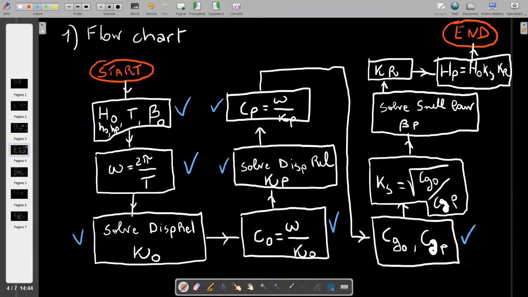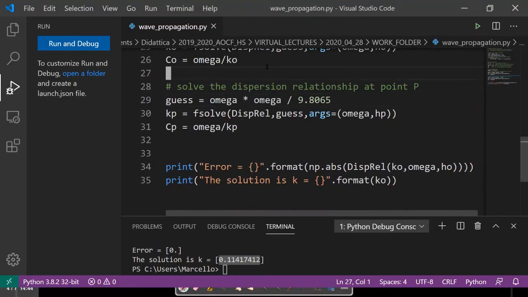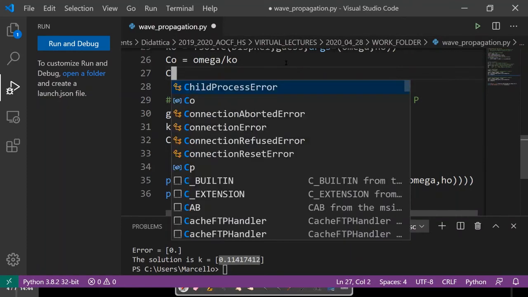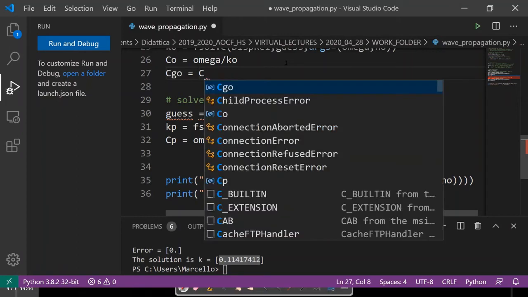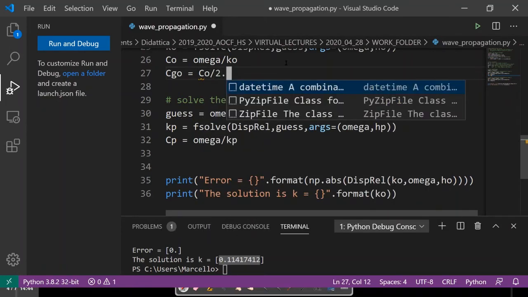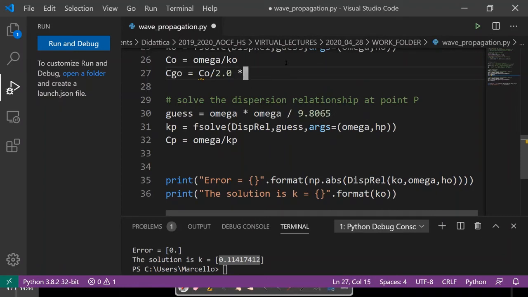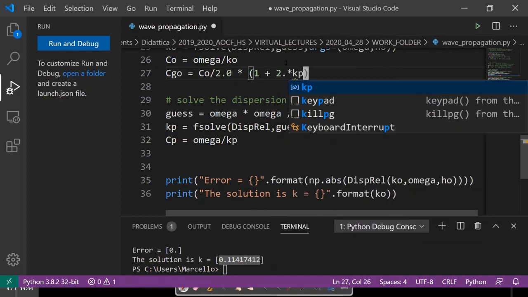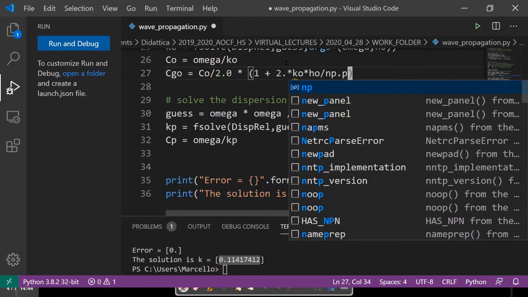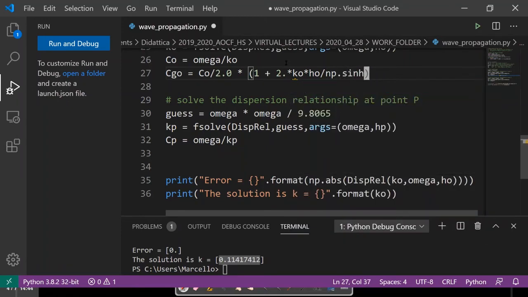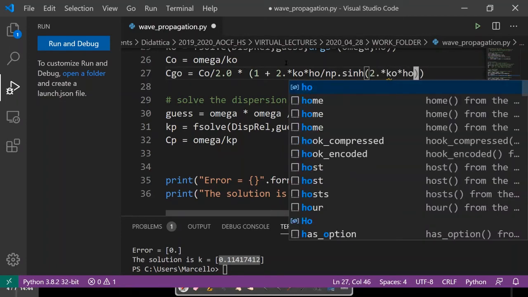Then we can compute the group celerity, and we can make here the group celerity at the point O equal to the celerity at point O over 2, times 1 plus 2 times KO times HO over sinh of 2 times KO times HO.